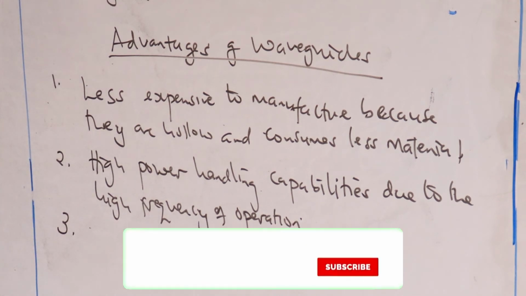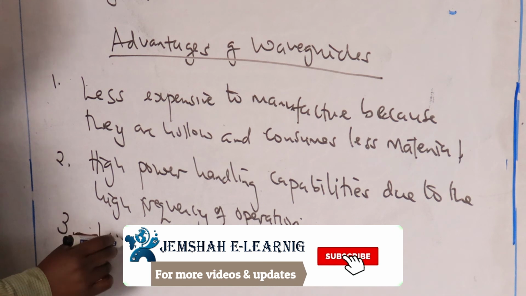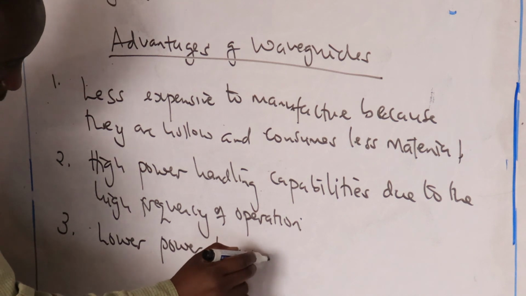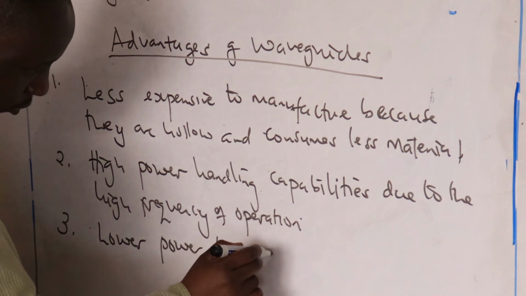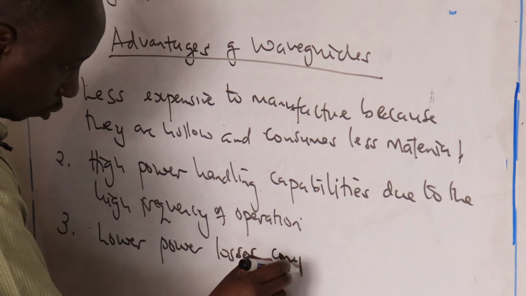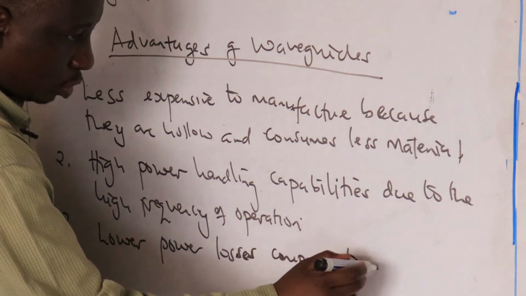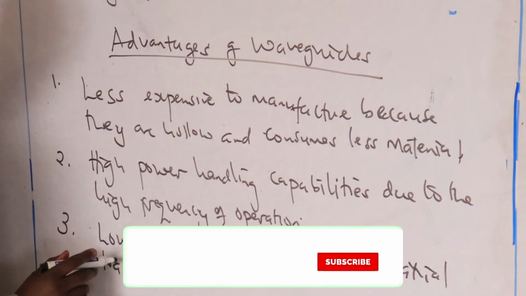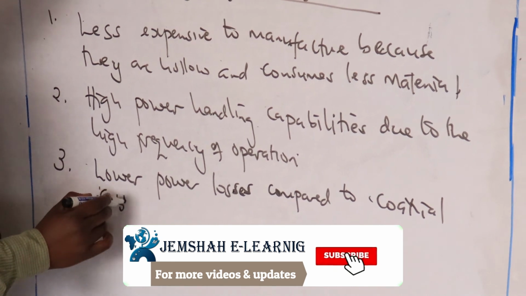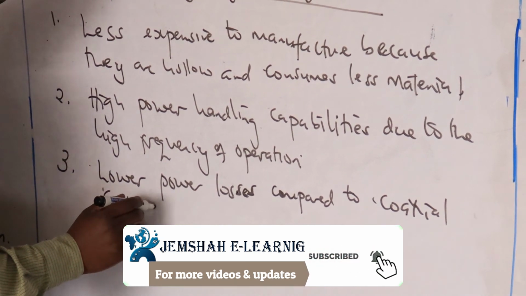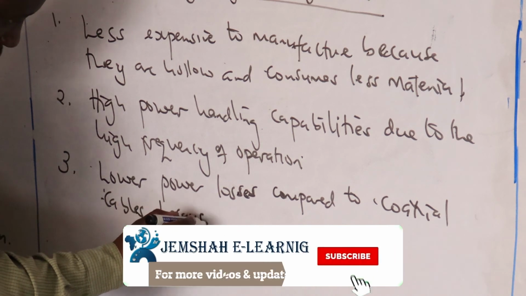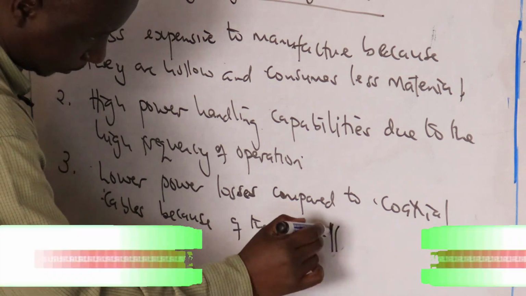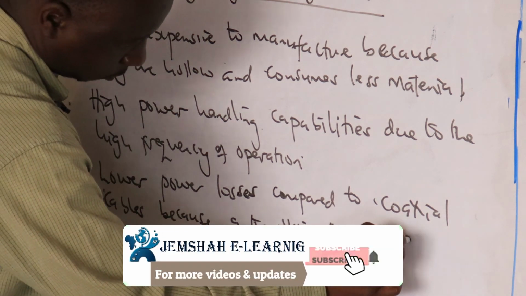Number three, we are talking about lower power losses compared to coaxial transmission lines, compared to coaxial cables, because of the skin effect principle.